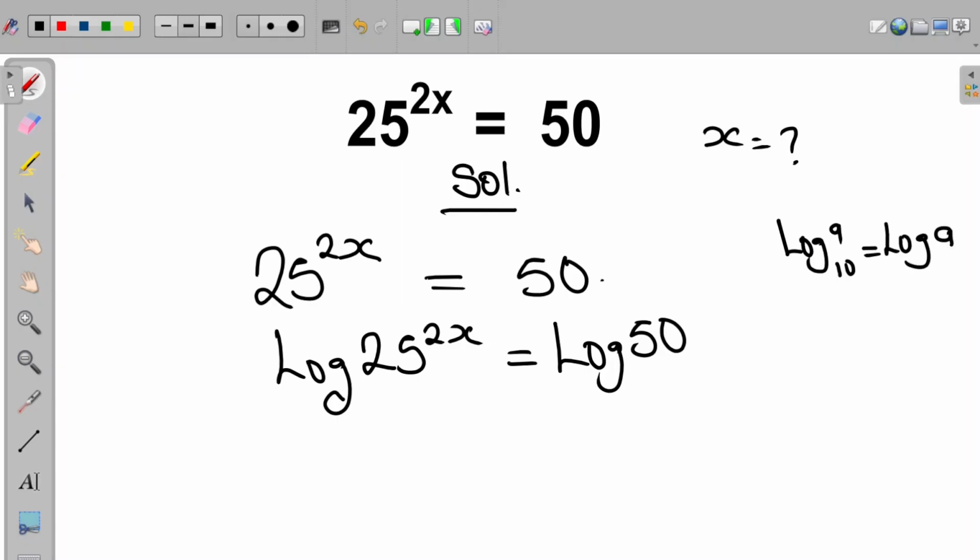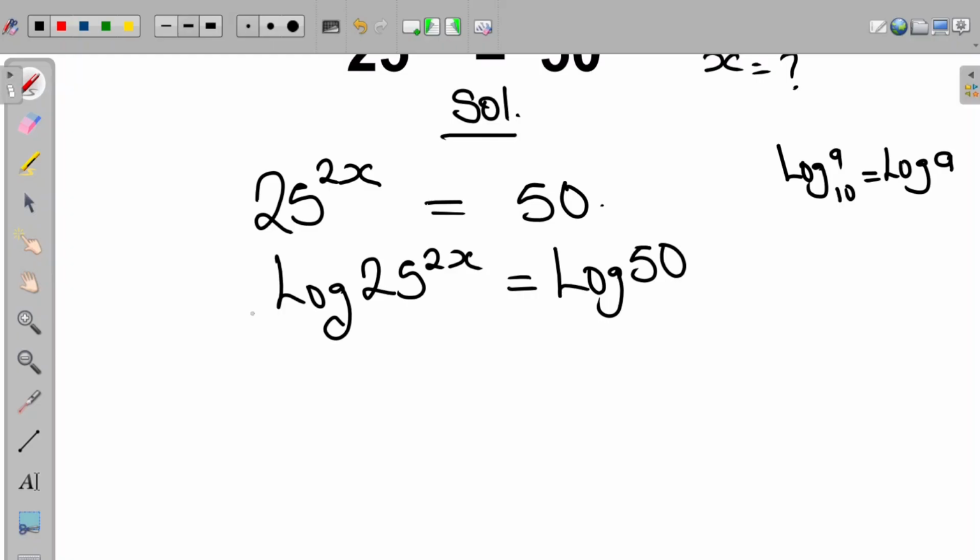Recall that if I have log m raised to the power of p in base a, this can also be expressed as p multiplied by log m in base a. So we can apply that knowledge here.